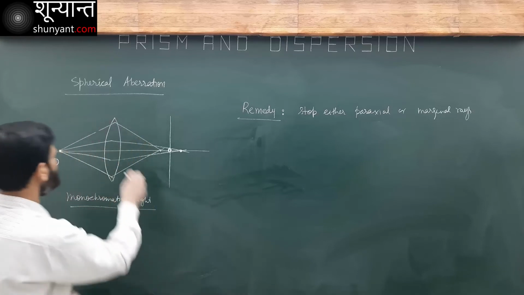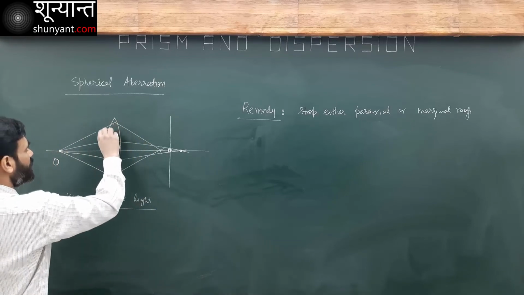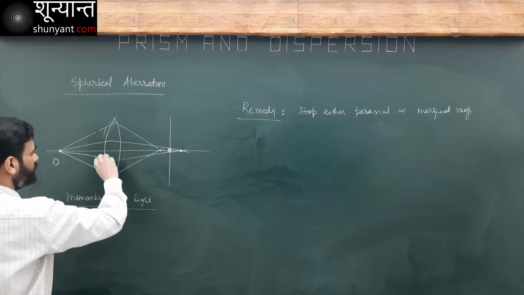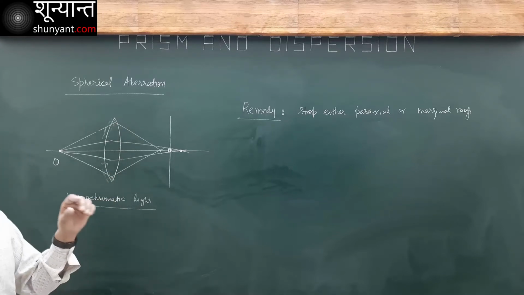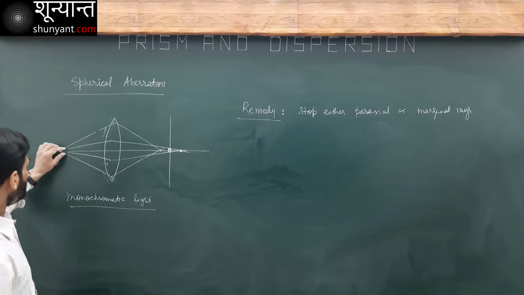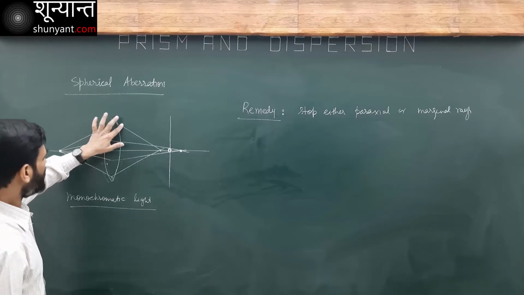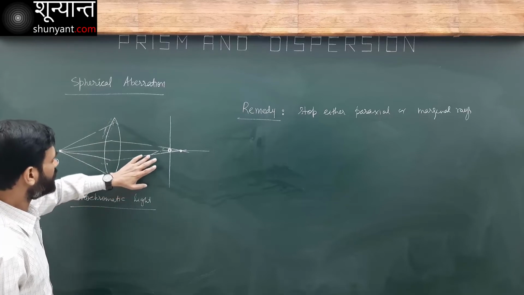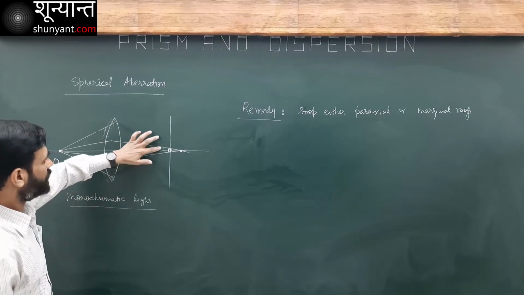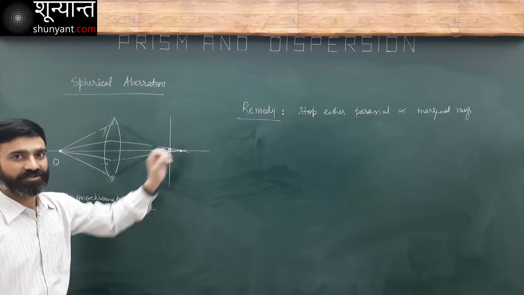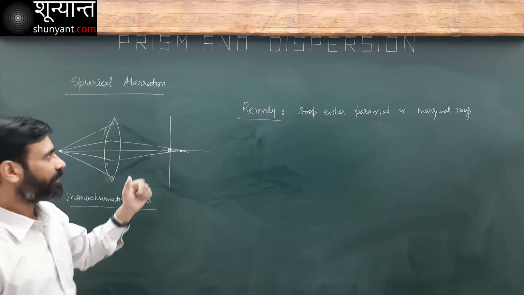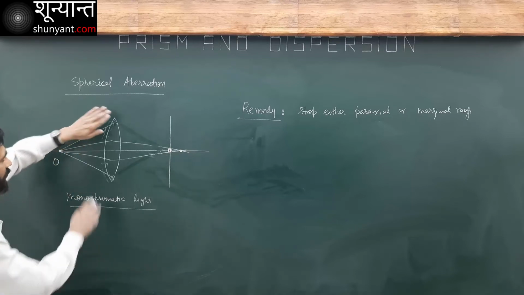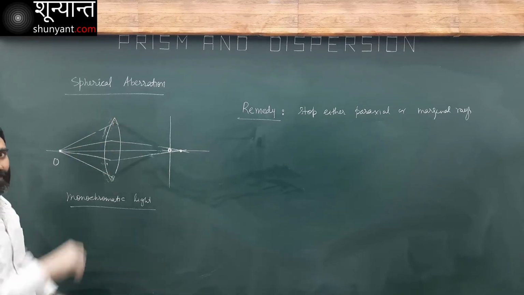That means if I blacken this, if I cover it, I allow my light to enter only through this region. So in that case, my defect will be minimized. Then I will get only one image here. So this is the remedy. You will stop either the paraxial or marginal. Okay, so I will cover this. I will paint it black.